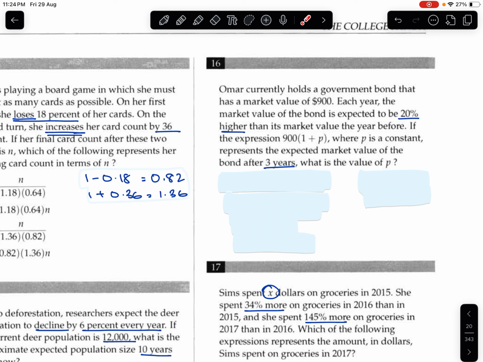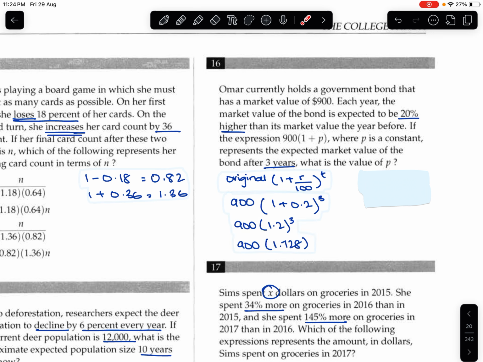So they have given us their expression, but notice there is no power here for time. So let's create our own expression. We know that the formula for compound interest is this. We have been given our rate, we have been given our original price, so let's plug that all in and we get this. 1 plus 0.2 for 20%.